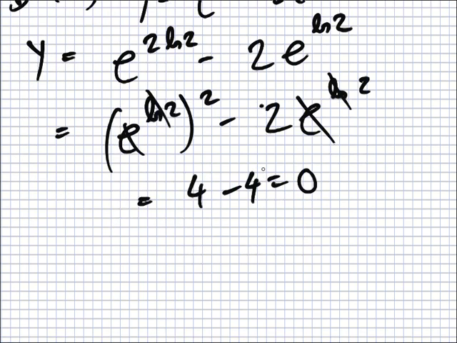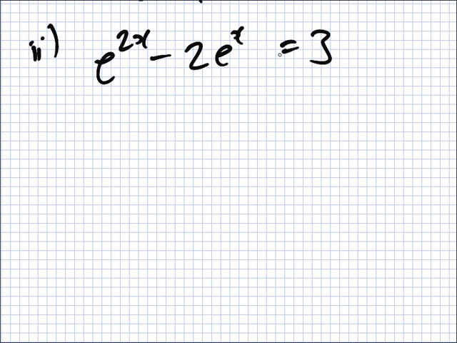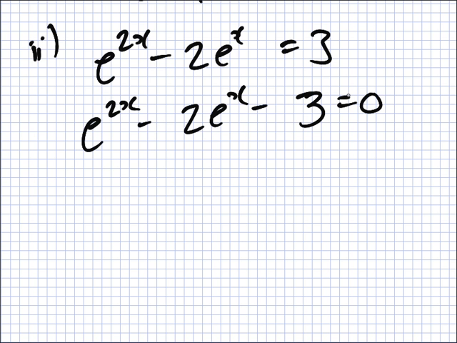So, part 2. They want you to solve this: e^(2x) minus 2e^x equals 3. Yeah, this was badly answered. e^(2x) minus 2e^x minus 3 equals 0. And this is a quadratic. It does have factors, actually.